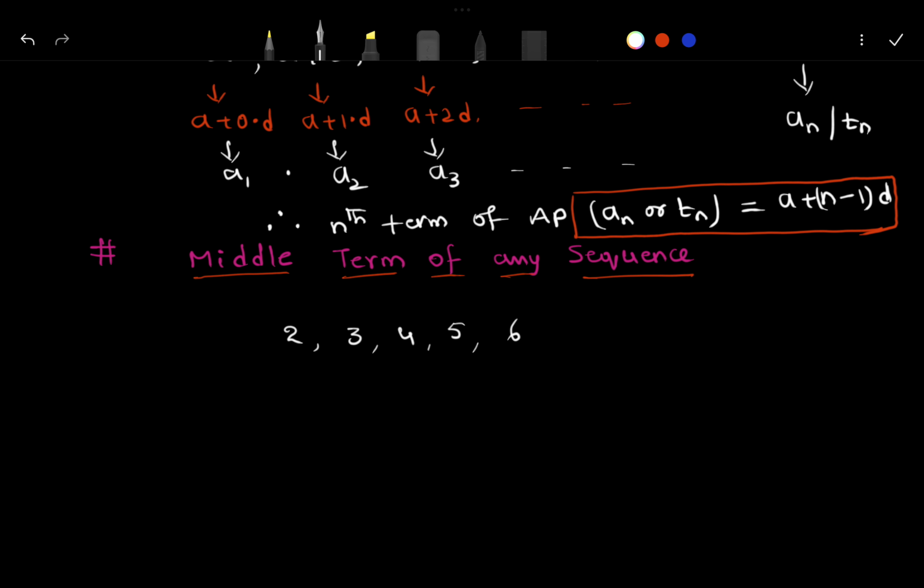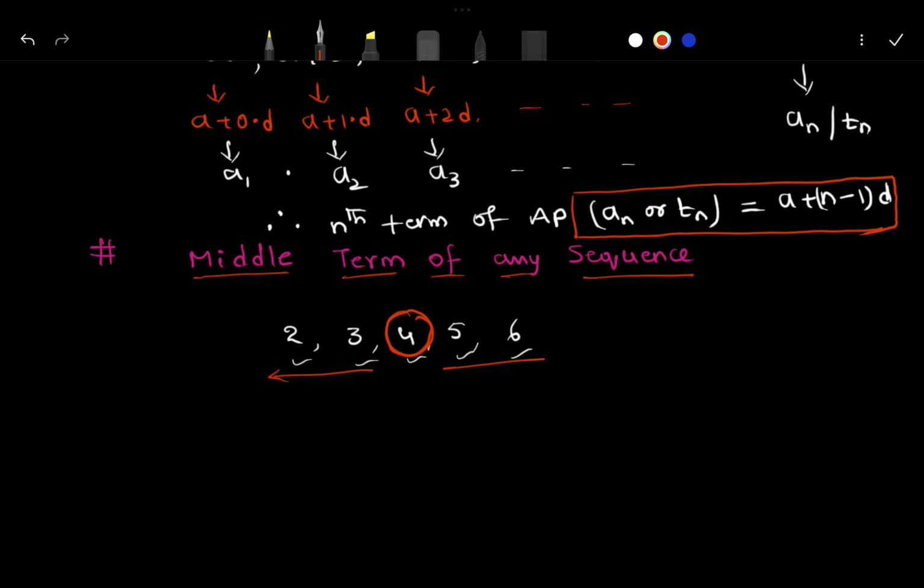How many terms are there? Totally 1, 2, 3, 4, 5 terms. The number of terms is 5, which is an odd number. In this case, 4 is the middle term.